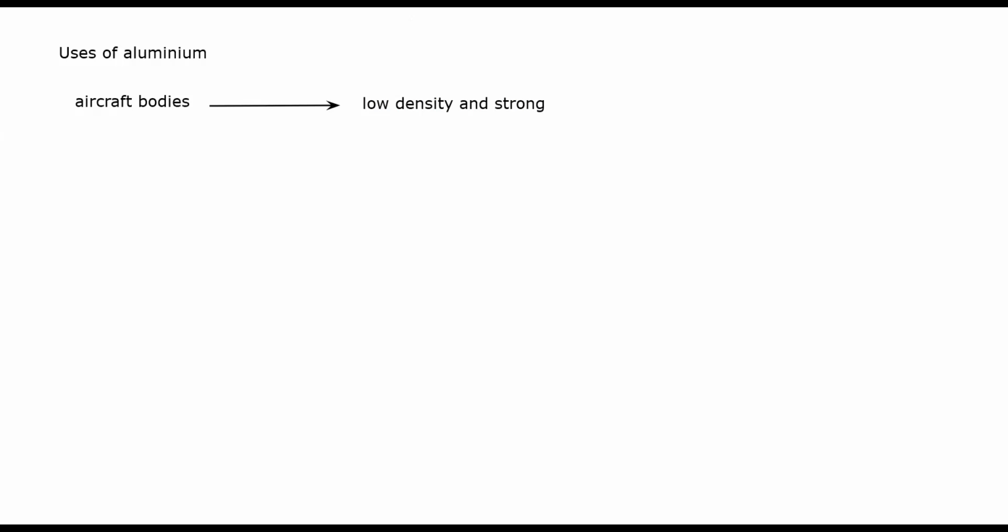Then we can also use aluminium for overhead cables, like high tension wire. So what could be the reason why we are using aluminium for overhead cable, high tension wire?